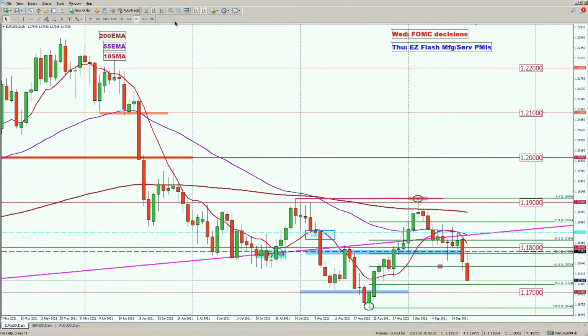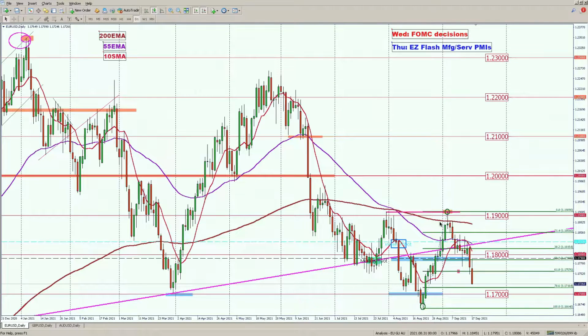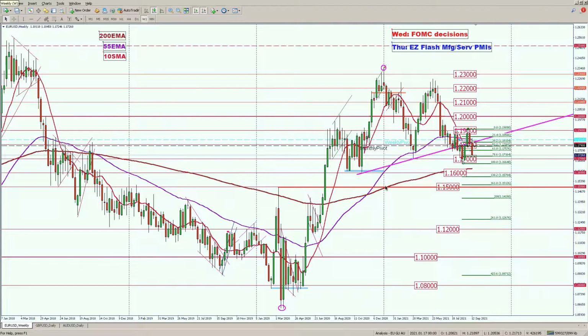It fell below this long-term trend line after climbing back up to the 119 area, which was, just to remind everyone, from way back towards the end of last year, November last year.